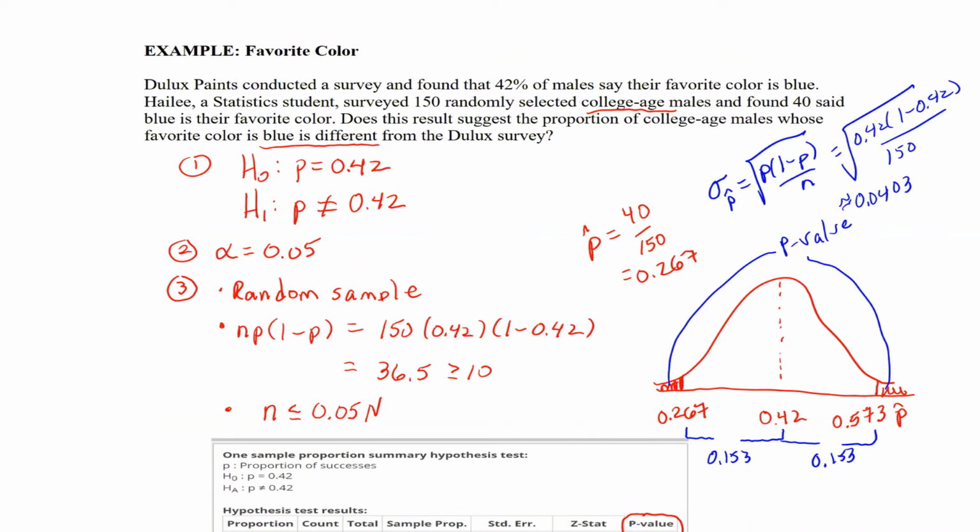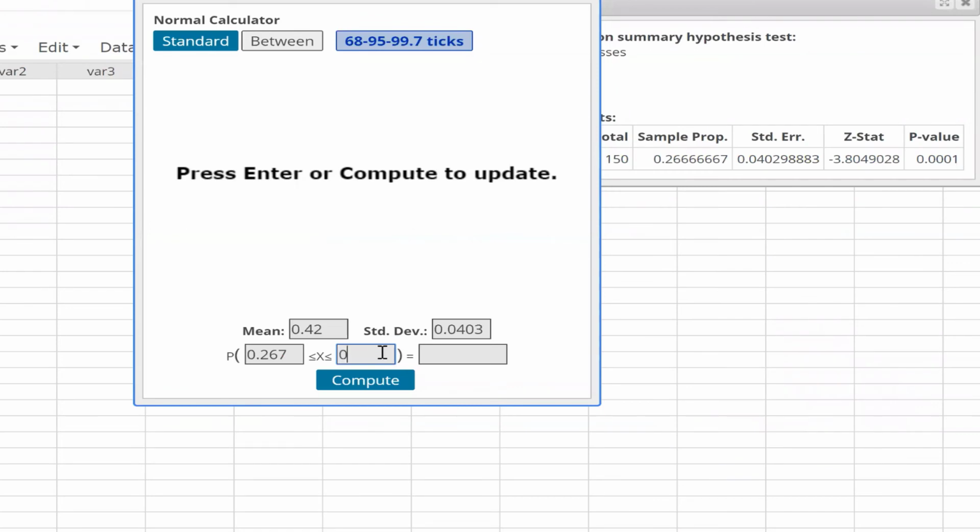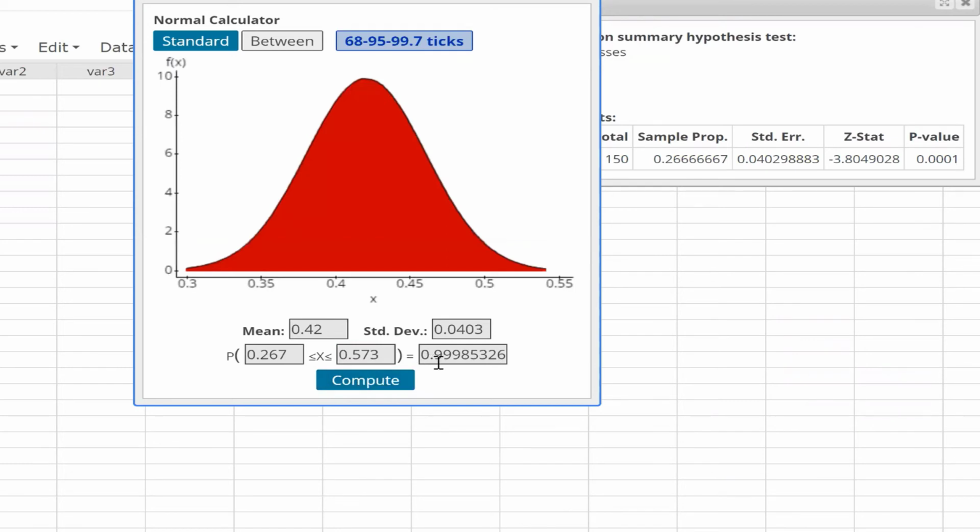Yes. Okay. And then this right bound was 0.573. If I hit compute, see how I get 0.99985, right? That's the area in between. So the area in the tails is going to be 1 minus that value, using the complement rule. And so that's where the 0.0001 comes from.